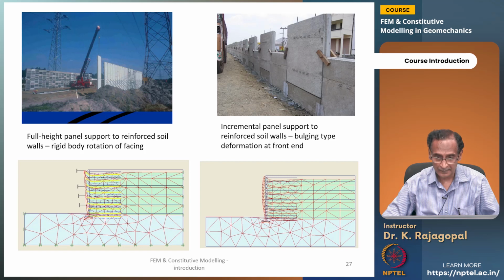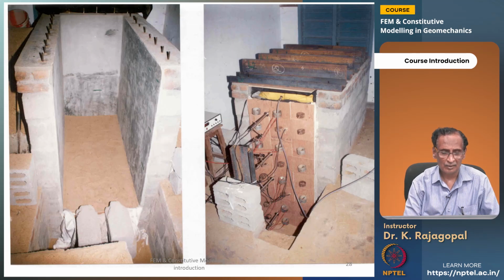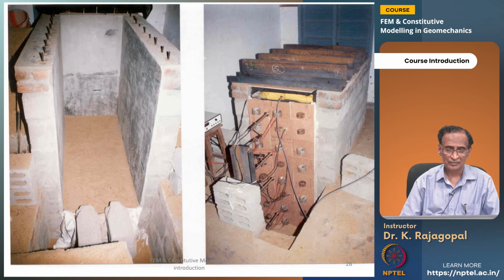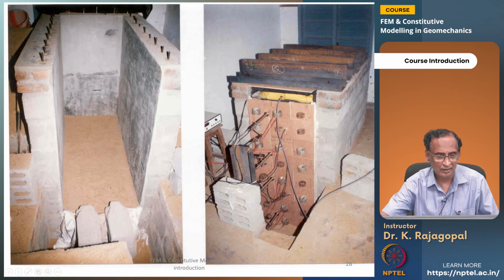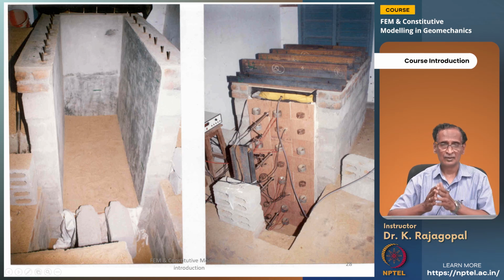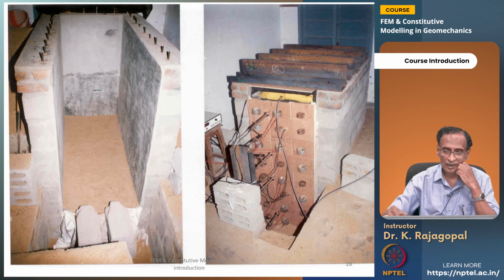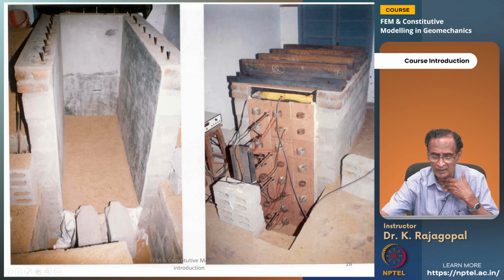type of behavior. And here you see one more small scale model test. Actually, this particular one is built at IIT Madras. The height of this wall is about 1.6 meters and the width is about 750 millimeters, and this is the space for placing soil, and this entire height was filled with dry sand and supported by soil nails.